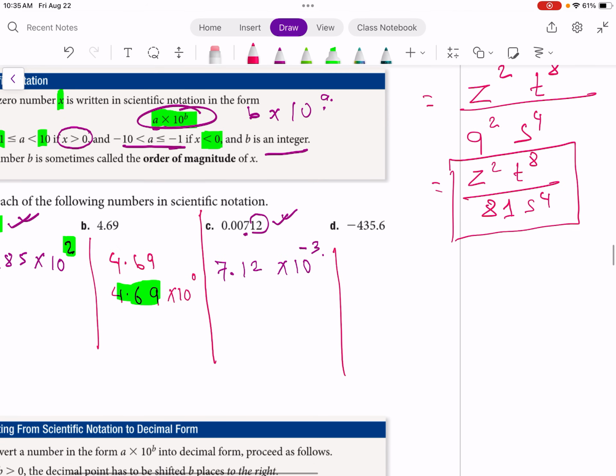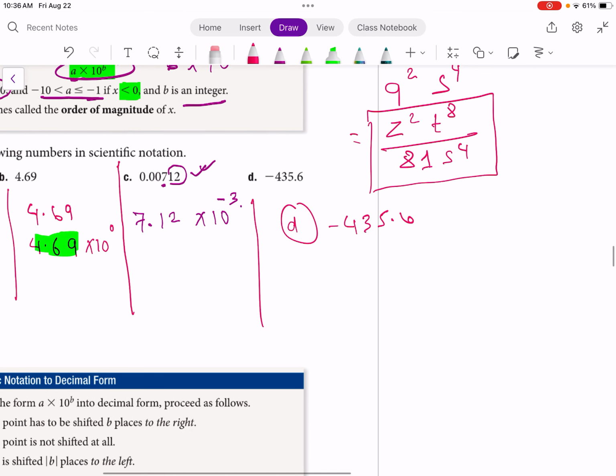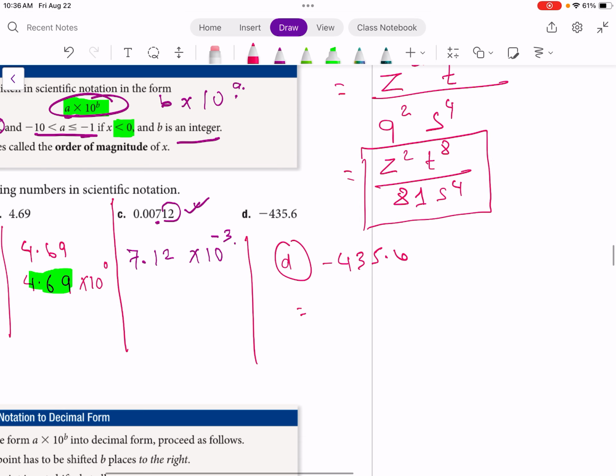Now for part D, we have negative 435.6. So what do you do? You just write down the first digit, negative 4, then write down the decimal and the remaining digits. Now, how far did we move our decimal? We move our decimal from here to here, right?